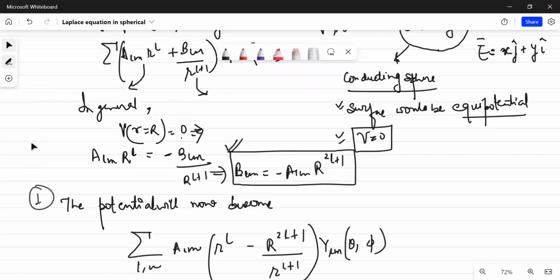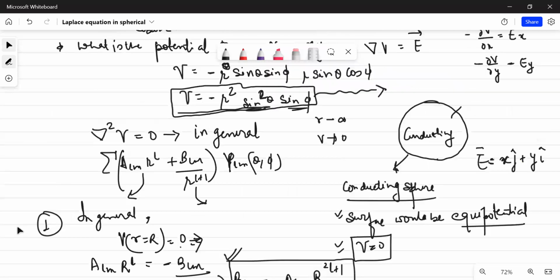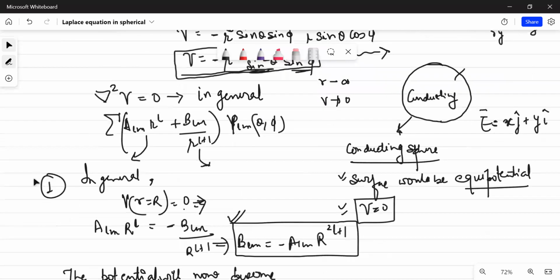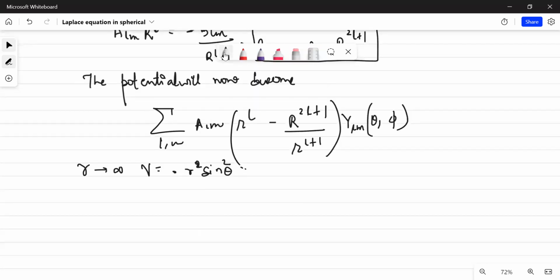Just let me check. Okay, sine square theta sine phi. So this is minus r square sine square theta sine phi, and you can see that even as r tends to infinity, this is not tending to zero. Rather, it is tending towards infinity only.